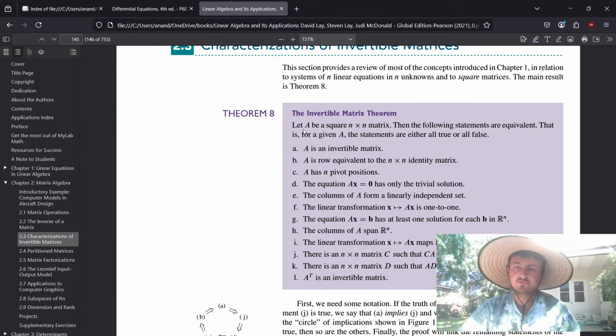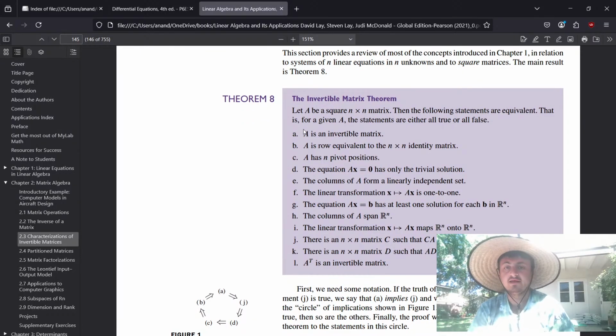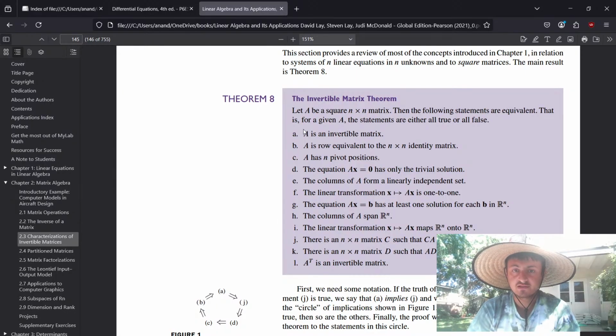So I don't know if I want to write all these down, but I will definitely read these out. These are all exactly the same thing. If A is an invertible matrix, then it's row equivalent to the identity. It has n pivots. The homogeneous equation AX equal to 0 only has the trivial solution.